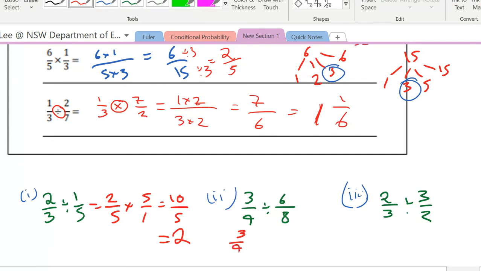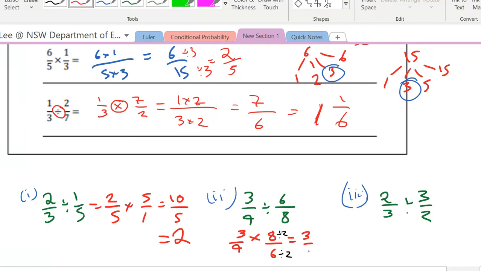Okay, we change the operation for the fraction. We invert the fraction. And we can simplify this fraction straight away by dividing by 2. Now it often helps to simplify before we multiply.